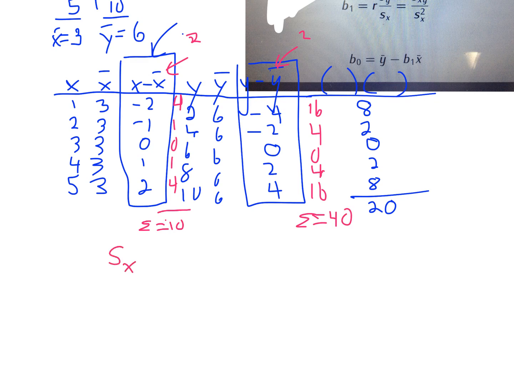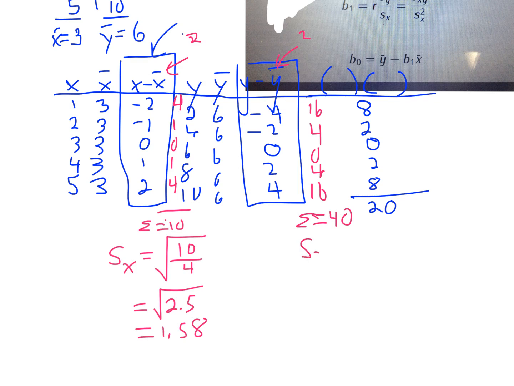And so SX, the standard deviation of X, is the square root of 10 over n minus 1, so 5 minus 1 is 4, and so that's the square root of 2.5, and that's 1.58. I know that because I worked it out earlier.